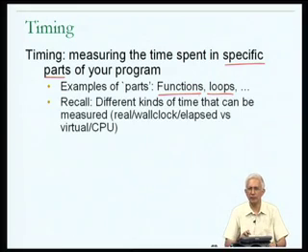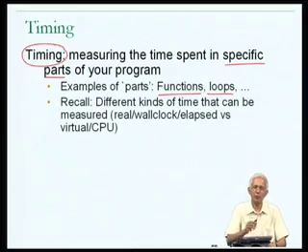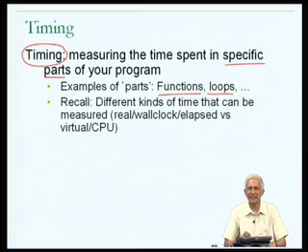And at this point, I will just remind you that when we talked about time earlier in this course, we distinguished between a few different kinds of time, because we understood that on a machine where there is only one CPU, the operating system is creating the illusion of many programs being able to share the CPU by actually sharing the CPU time among the different processes that happen to be in memory. And therefore, there was a need for us to distinguish between at least two different concepts of time.